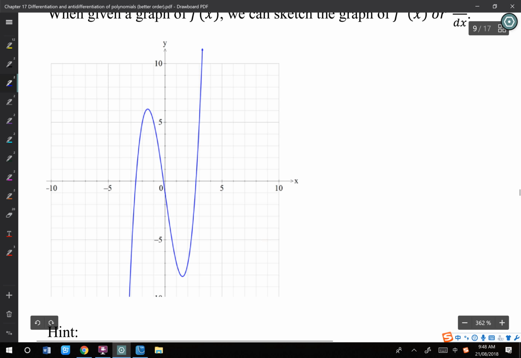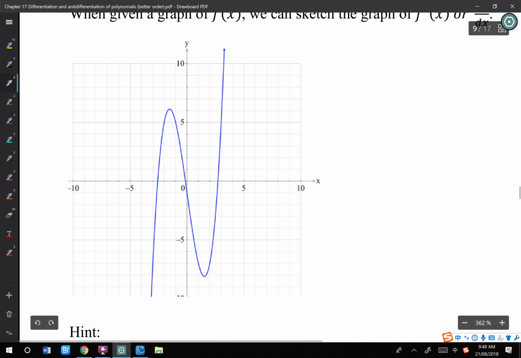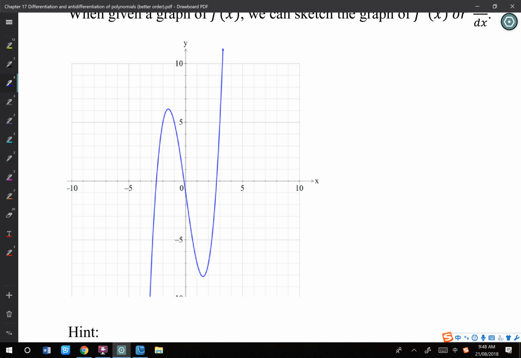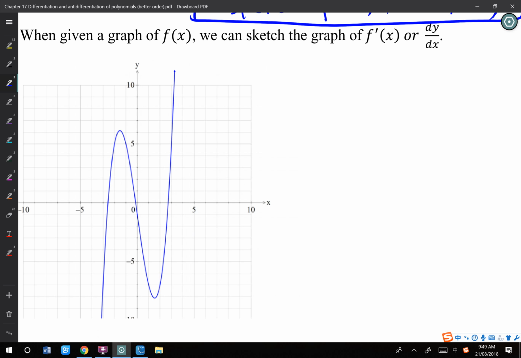So what kind of graph is this one? A cubic. So what should the derivative graph be? Yes, a quadratic. Okay, what we need to look at to sketch f dash x from f(x) is first, look at stationary points.